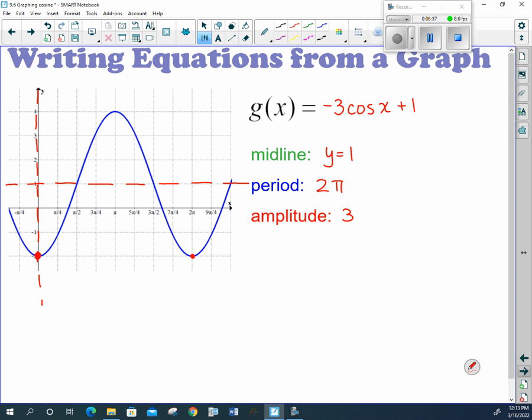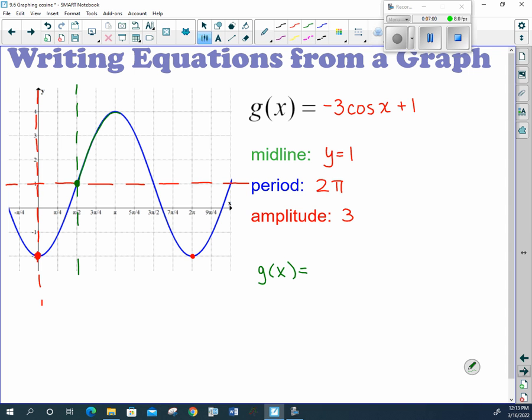And if you wanted to write it as a sine curve, you could. As a sine curve, I would have to shift it so that, remember, sine curves start on the midline, so I would have to start right here. And we would end up with g of x equals, this time it's going to be a positive because the sine curve is going up.